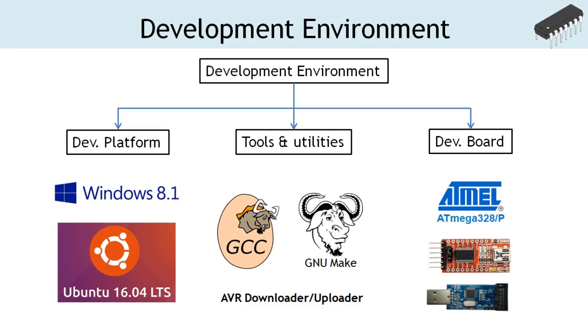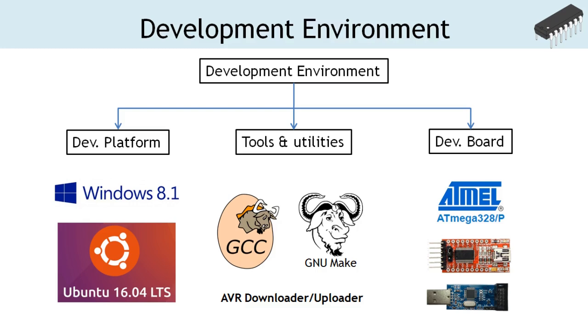The development environment has three components. First, the development platform. Second, the tools and utilities. And third, the development board. The development platform is the PC and the operating system which hosts the utilities and tools to develop the embedded code and build it.